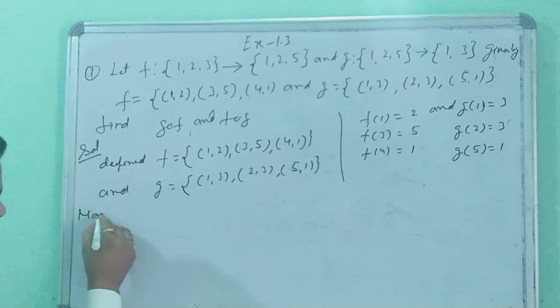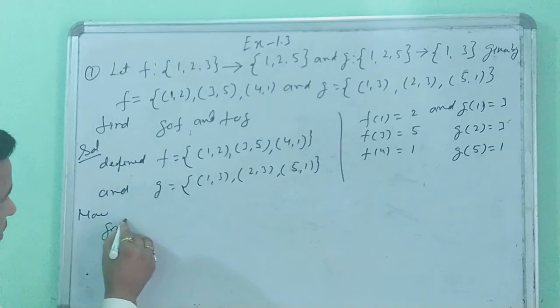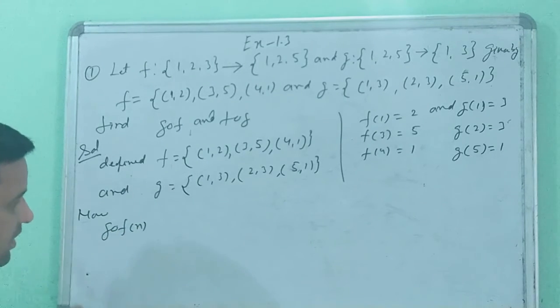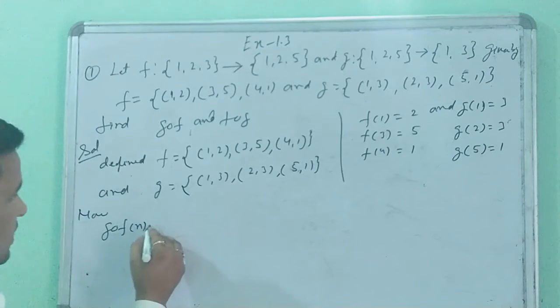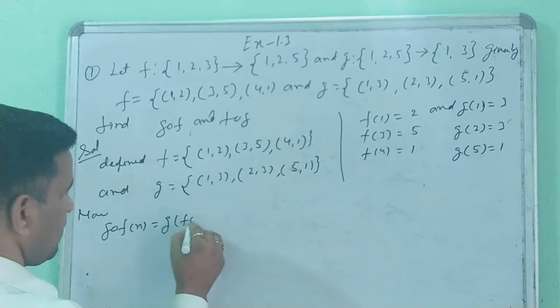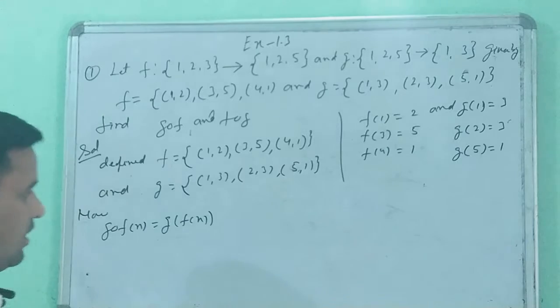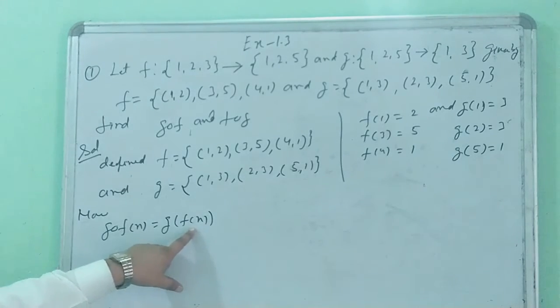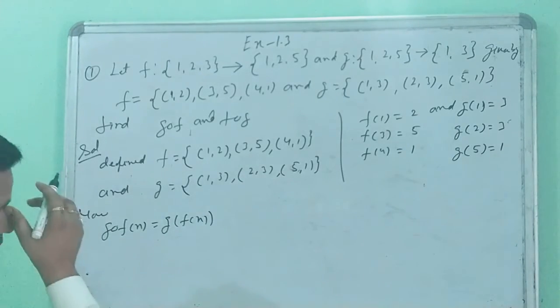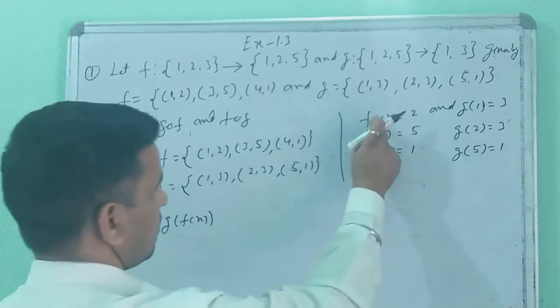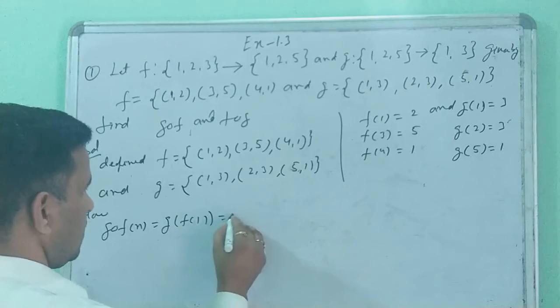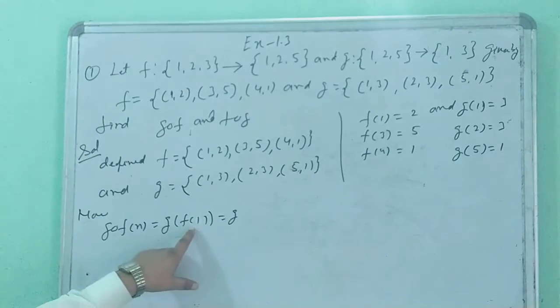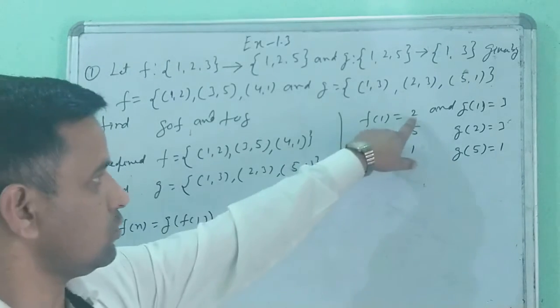Now how to find gof here? gof(x) is g(f(x)). So you can write gof(x). For gof(1), you can write g(f(1)). The value of f(1) is equal to 2.